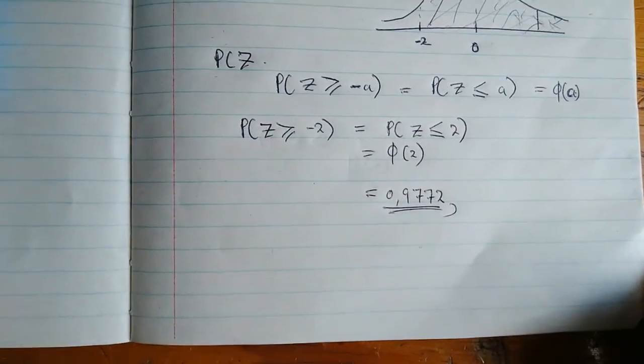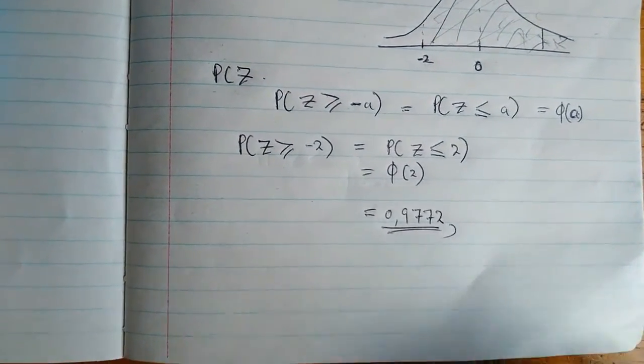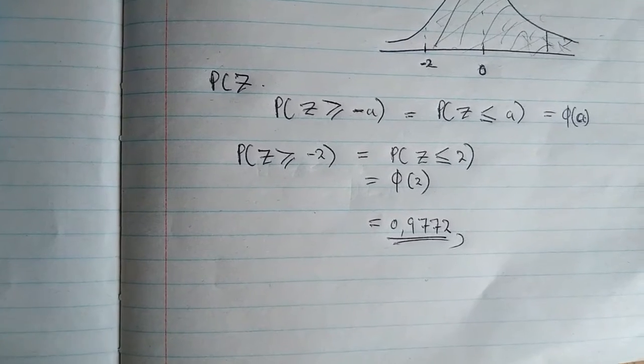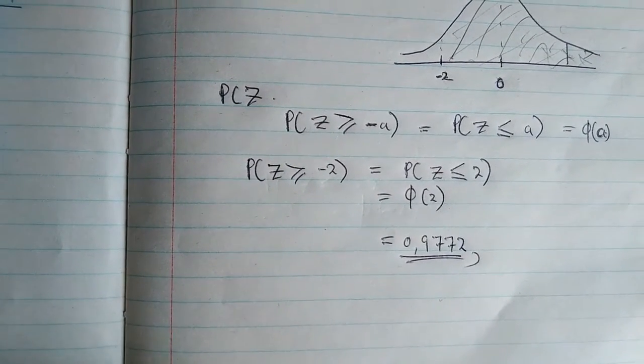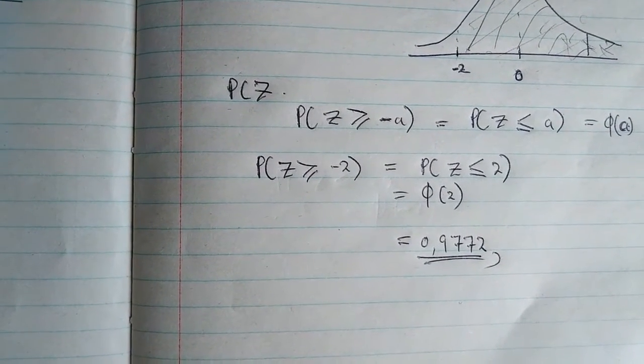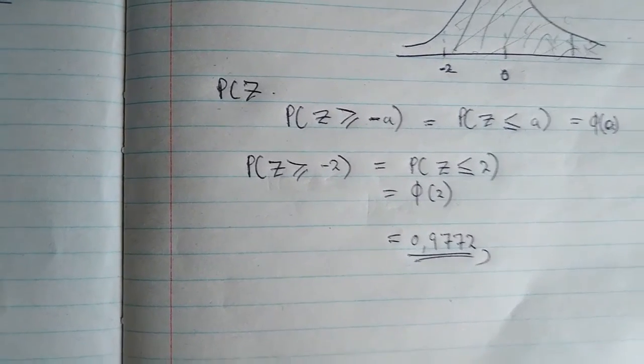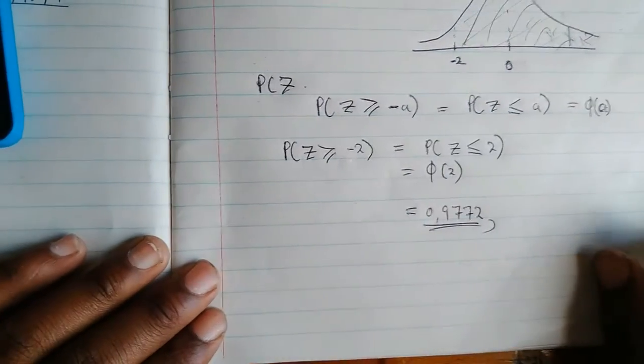So we have actually found the probability that X is greater than or equal to 36, which means the probability that the driver has to wait for at least 36 hours to clear his cargo.